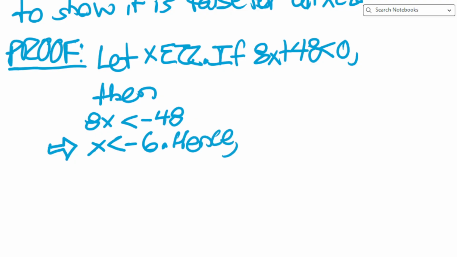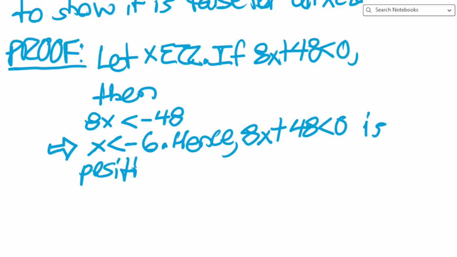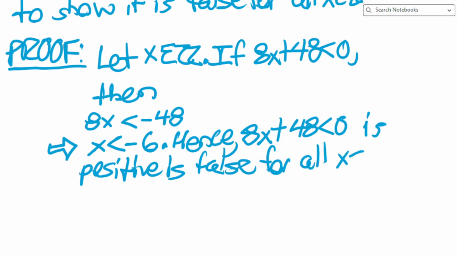So hence 8x plus 48 is less than 0 is positive, is false for all integers x.